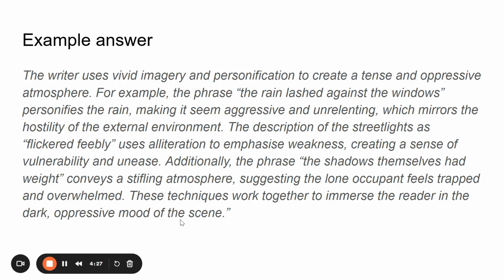The description of the streetlights as flickered feebly uses alliteration to emphasize weakness, creating a sense of vulnerability and unease. Additionally, the phrase, the shadows themselves had weight, conveys a stifling atmosphere, suggesting the lone occupant feels trapped and overwhelmed. These techniques work together to immerse the reader in the dark, oppressive mood of the scene.